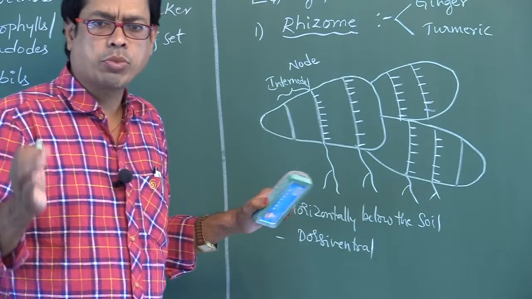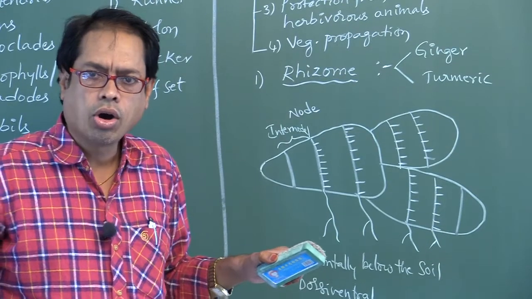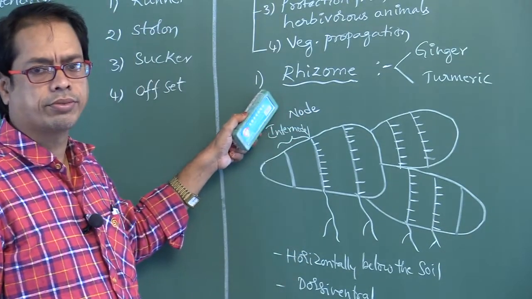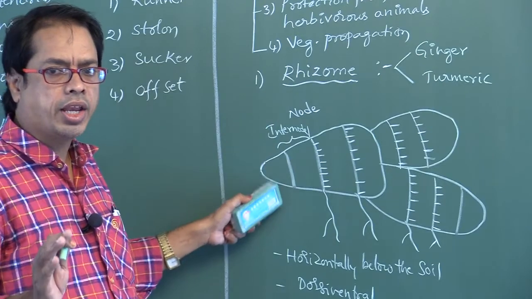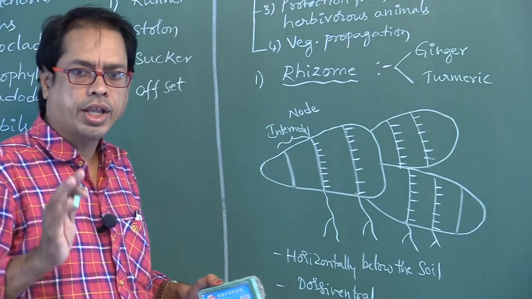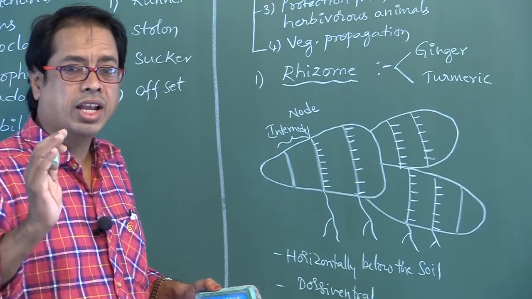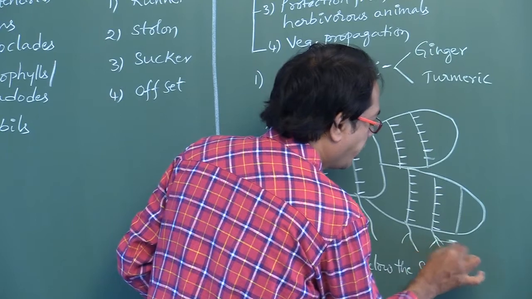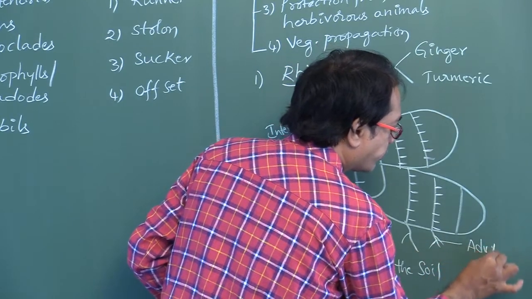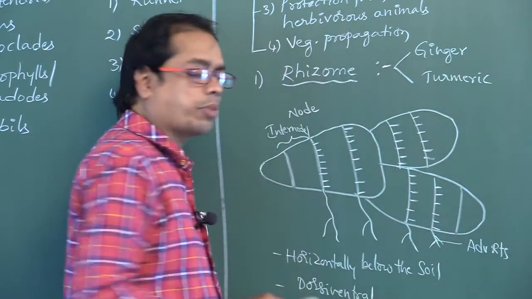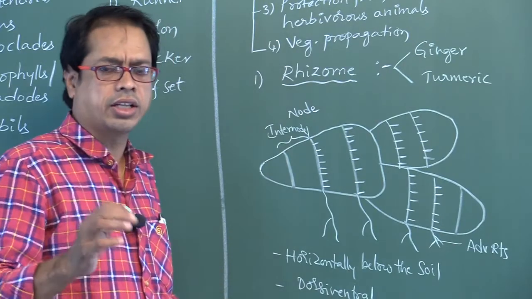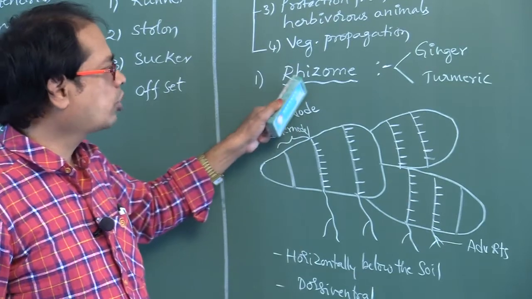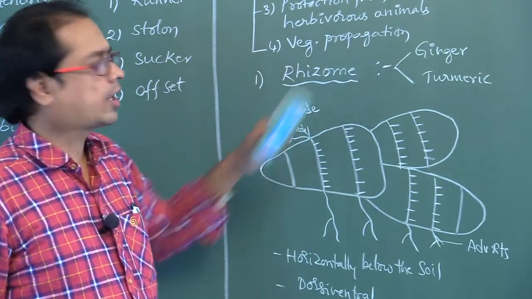So the underground stem modification that grows horizontally below the soil is called rhizome. It contains many nodes and internodes. At each node, a number of scale leaves are present. Adventitious roots are present. Dorsiventral, that is, dorsal and ventral sides are present. Examples of rhizome are ginger and turmeric.